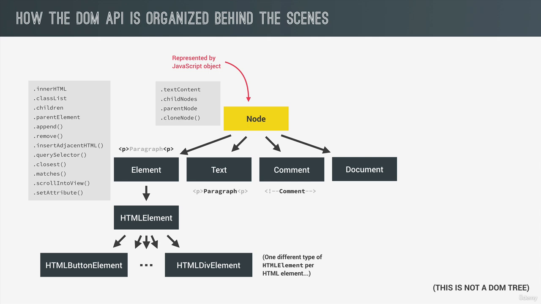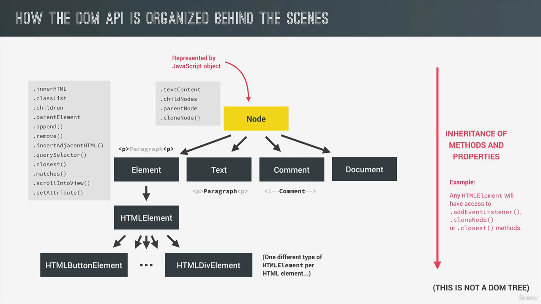Because what makes all of this work is something called inheritance. So what is inheritance? Well, inheritance means that all the child types will also get access to the methods and properties of all their parent node types. For example, an HTML element will get access to everything from the element type, like inner HTML or class list or all these other methods and properties.